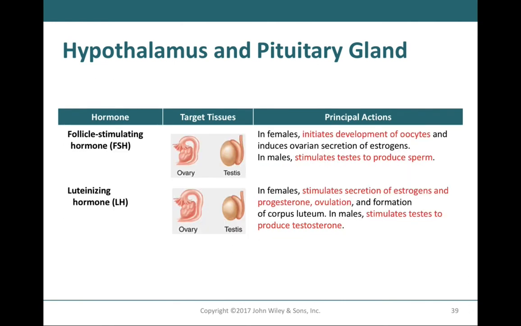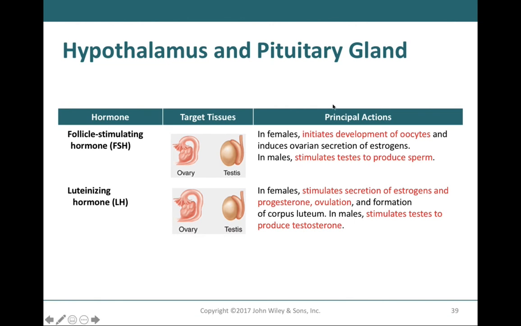Now, on this slide, we have our two gonadotropic hormones, follicle-stimulating hormone and luteinizing hormone. Both of these are going to affect the gonads, which are the testes in males and the ovaries in females. Now, follicle-stimulating hormone often stimulates growth of our reproductive cells. It's going to do a few other things, and we'll discuss some of those other actions when we get to the reproductive system.